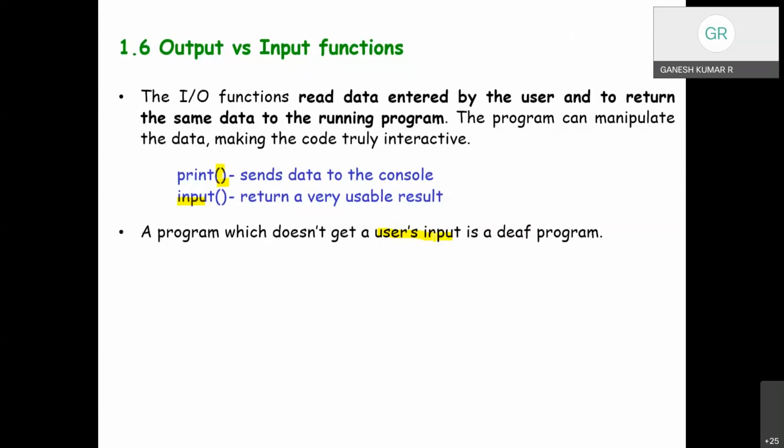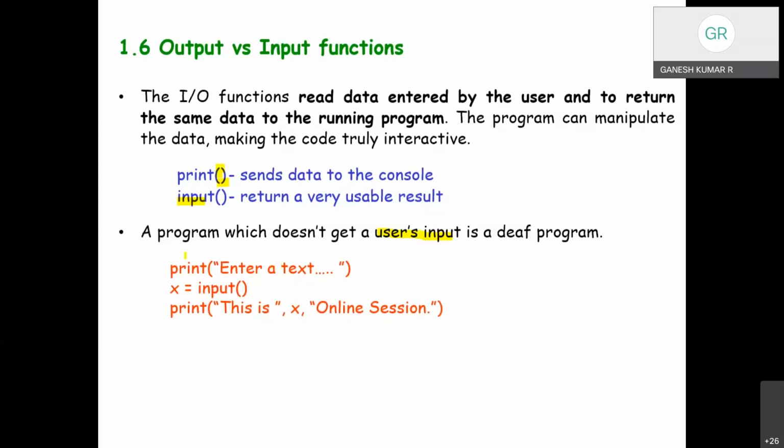As a result, a blank screen will be displayed, which is of no use. So a program which does not get the user's input is simply waste, and is termed a deaf program. Let us discuss a small example.